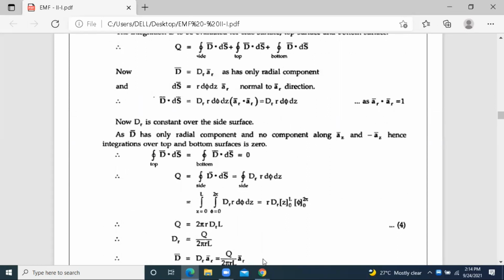Sir, yes, go ahead. Could you go over the differential surface here once more? When you're finding r dφ dz, for the cylinder, right here.